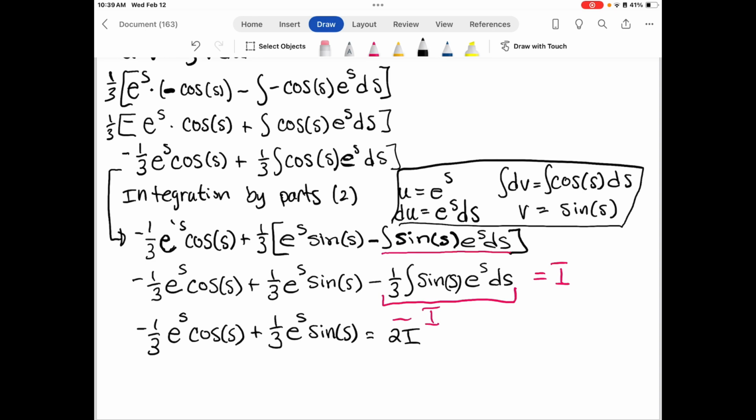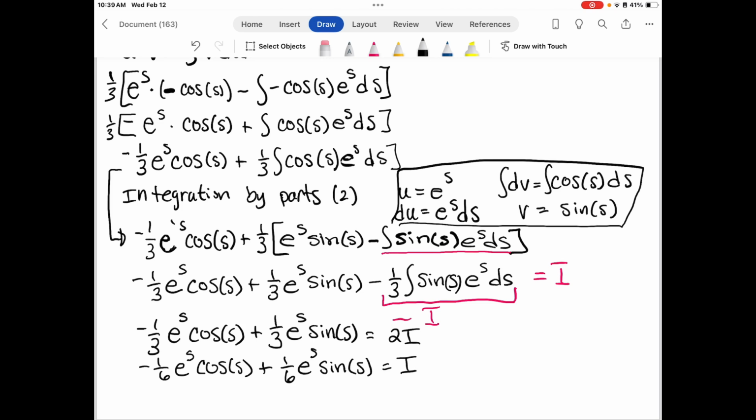Now when I divide both sides by 2 to solve for I, I get minus 1/6 e to the s cosine s plus 1/6 e to the s sine s is equal to I. Whoops, I forgot to divide earlier.